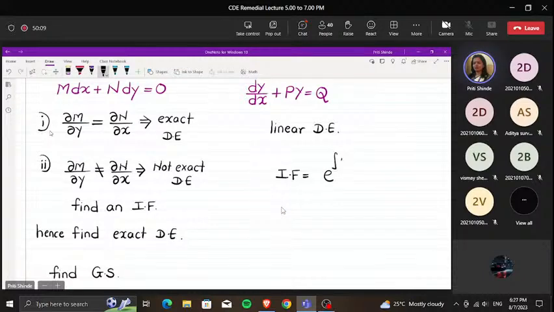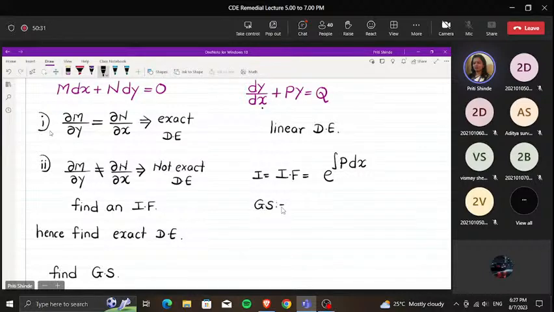Integrating factor is always e raised to integration of p. The derivative is with respect to x, so integration is with respect to x. This is your integrating factor. In exact differential equation, we multiply the differential equation by an integrating factor, but in linear, no need to multiply. You can directly write down your general solution.